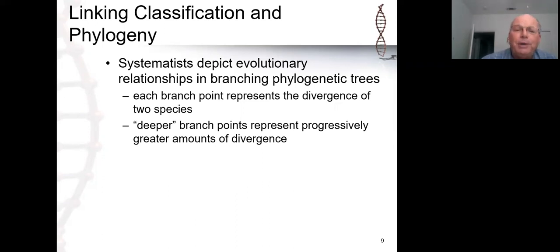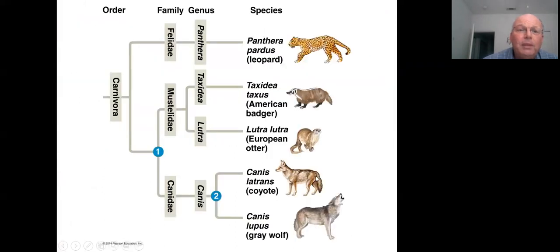So let's take a look at the branching relationships within a typical tree, a generalized tree, to illustrate what this is all about. So here is a tree of some carnivores.